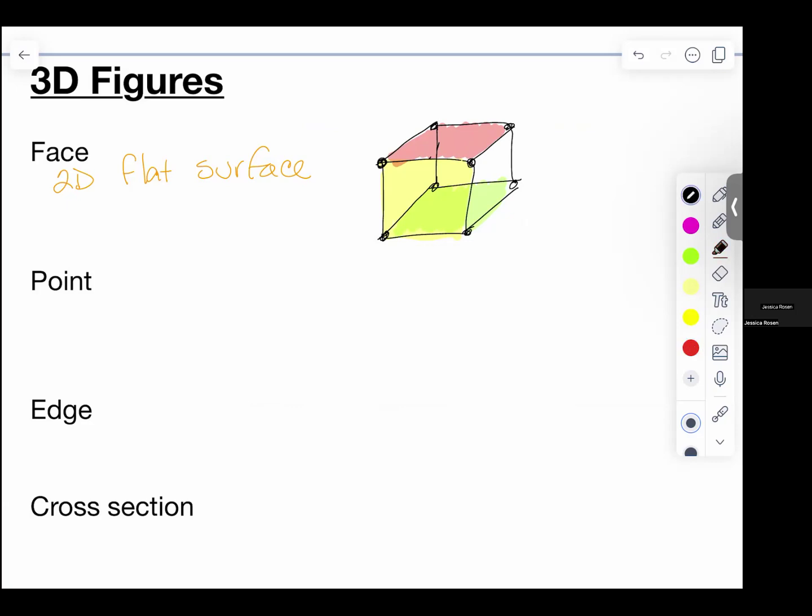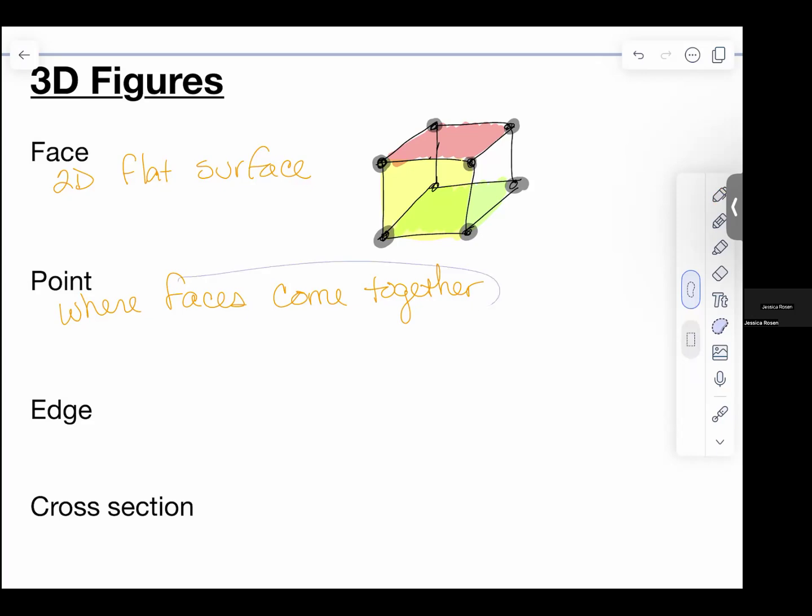Then you're going to have a point. So again, the points are going to be where all of the faces come together. So a point is where the faces come together. And actually it's going to be more than two faces.